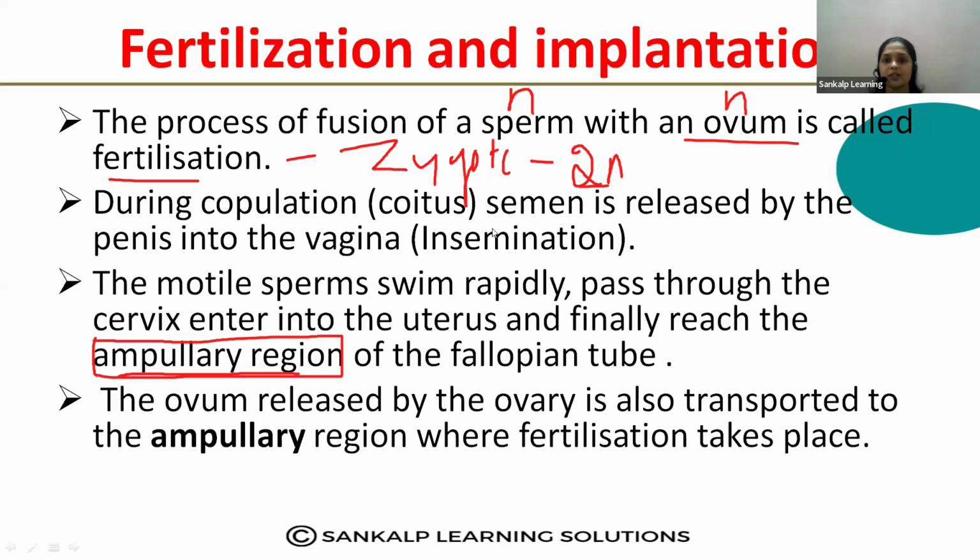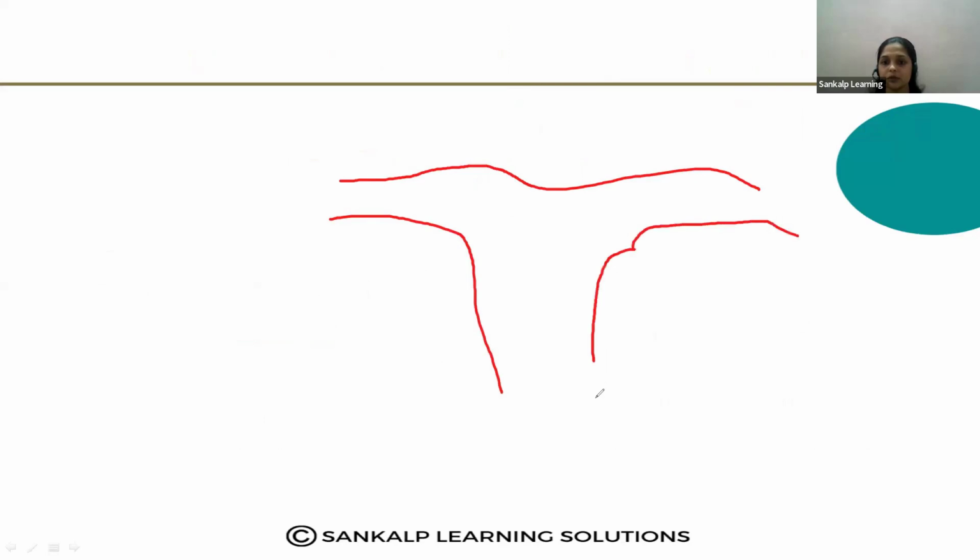Just imagine this is the diagram of the female reproductive system. Here this part is called the ampulla region.